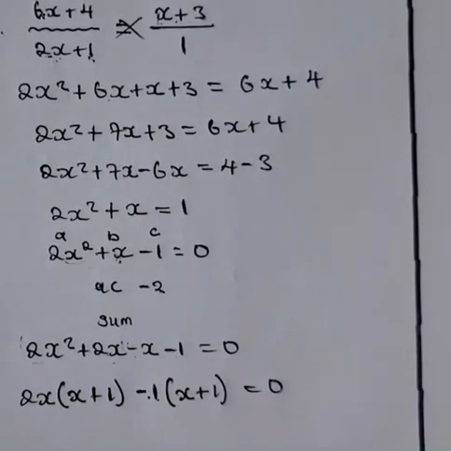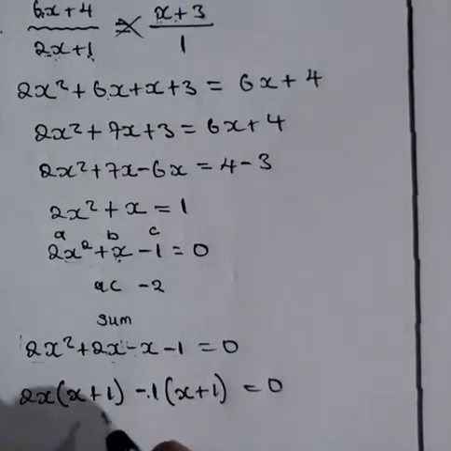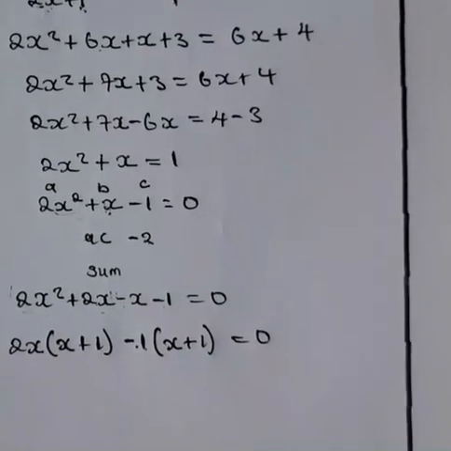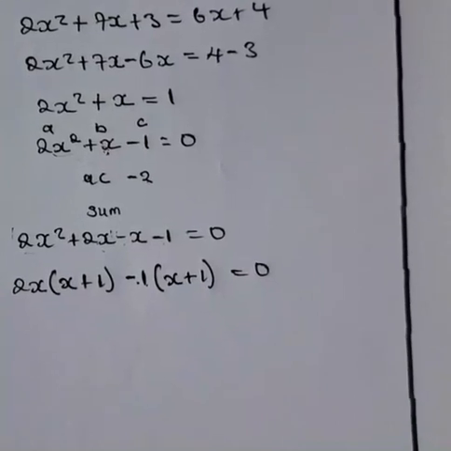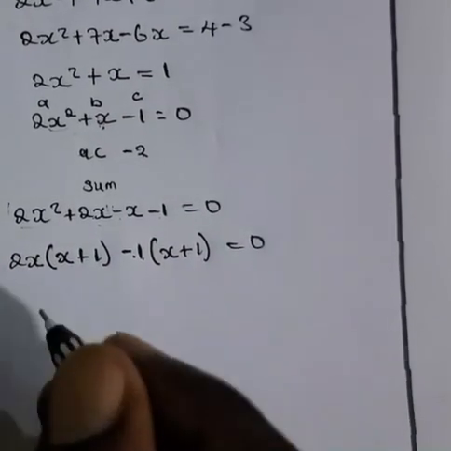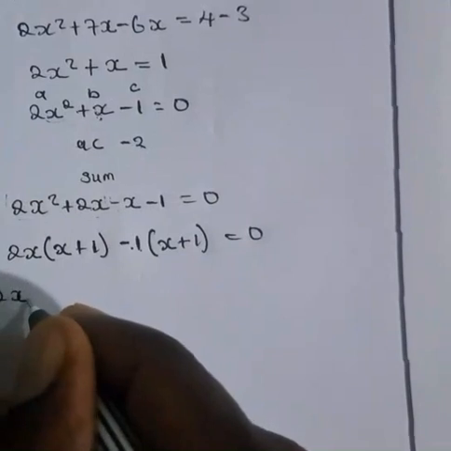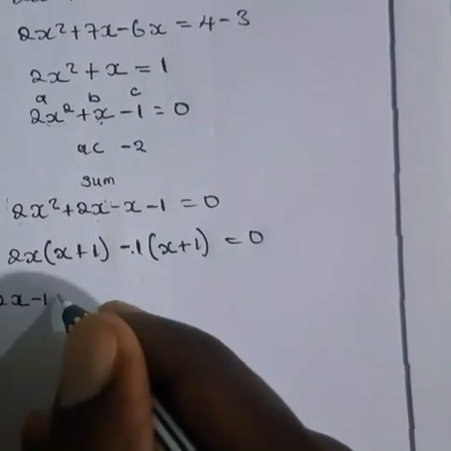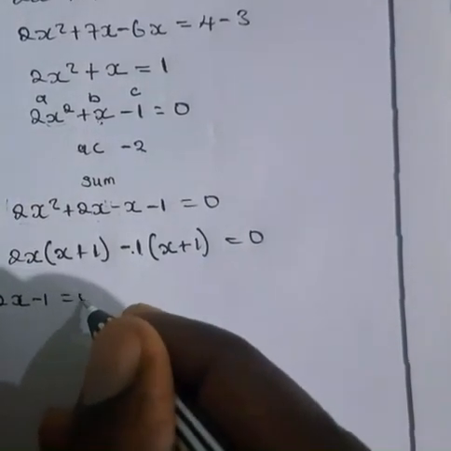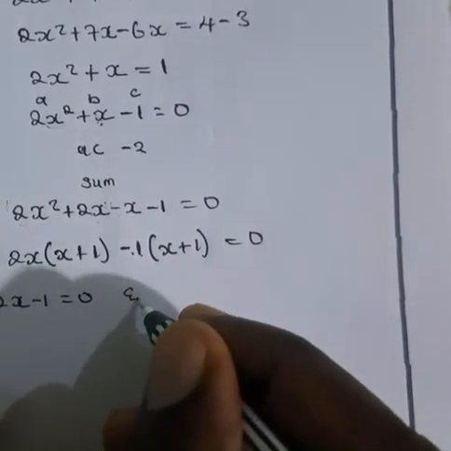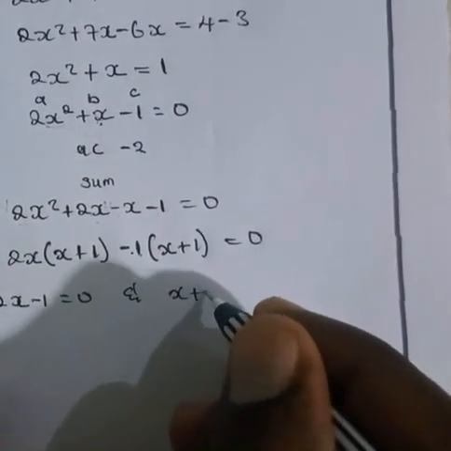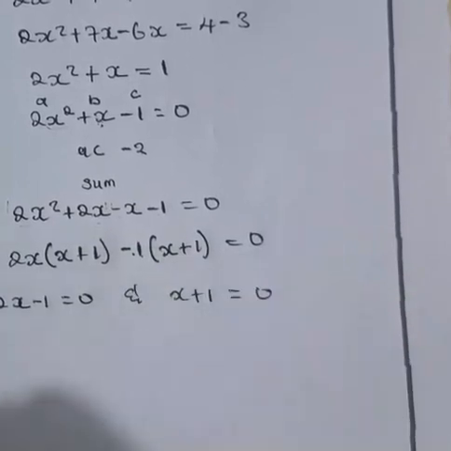So we have 2 roots there. You notice that what is in the brackets is just the same, so that means that we are on the right track. So we have 2x minus 1 being equal to 0, and we also have x plus 1 being equal to 0.